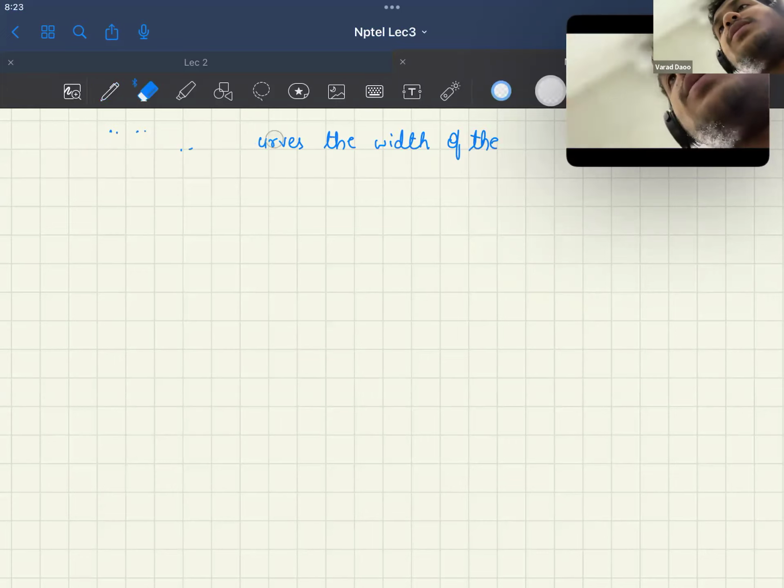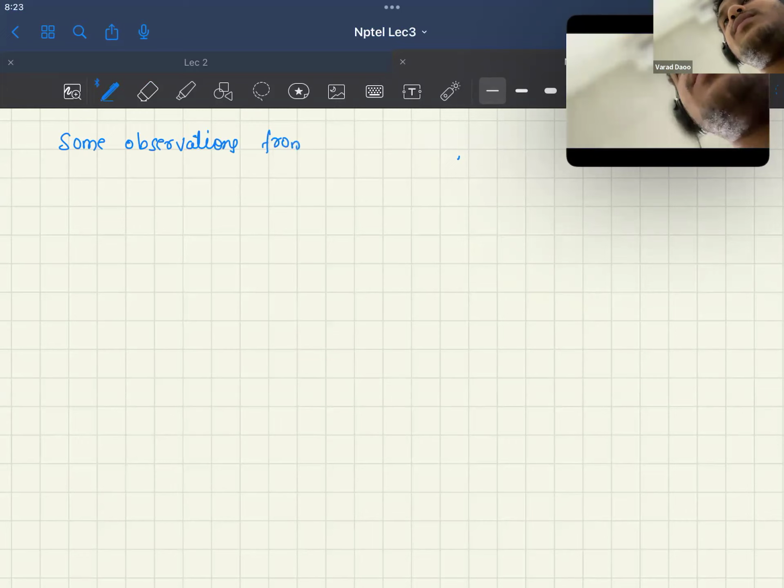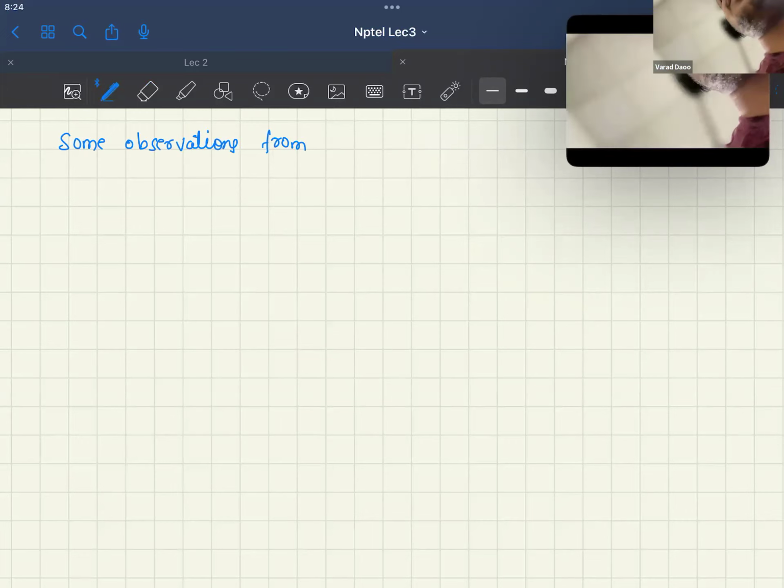Let us see some observations from figure 1.